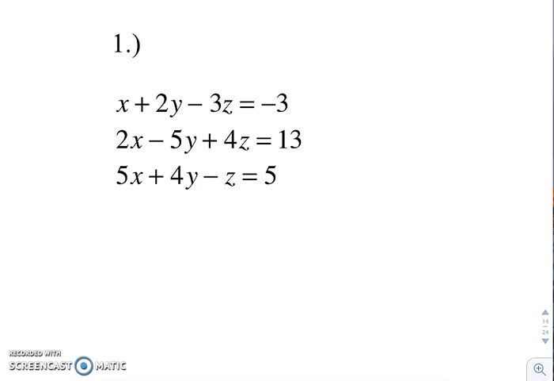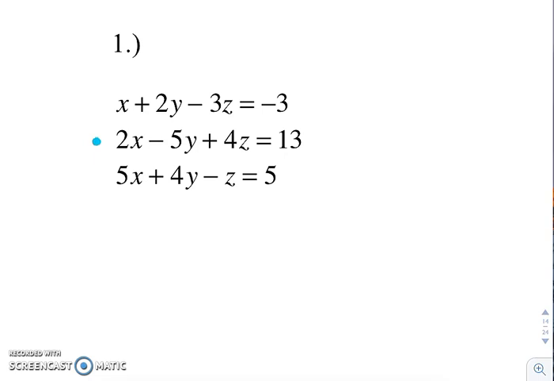So that means that I need to pick two equations. It really doesn't matter which two you use, but two equations to eliminate this x. That means we need to make two equations have the same but opposite coefficient. If I'm looking at this middle equation, I see that it has 2x minus 5y plus 4z equals 13.